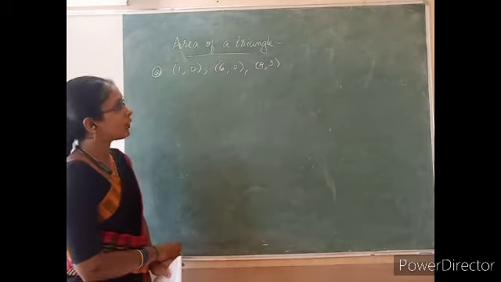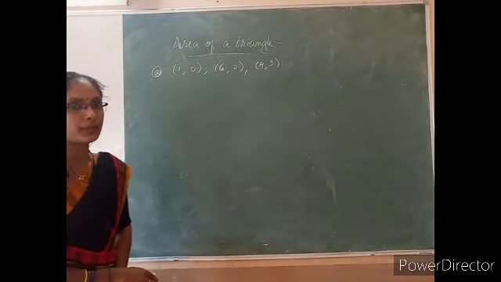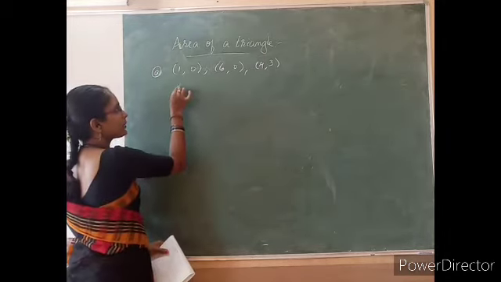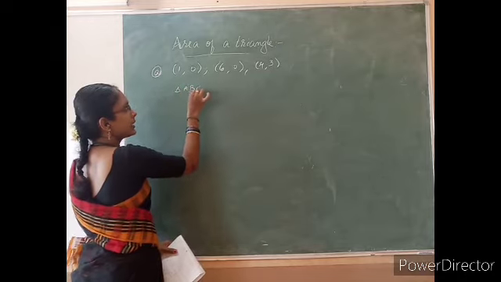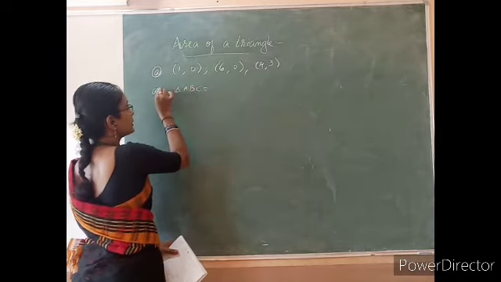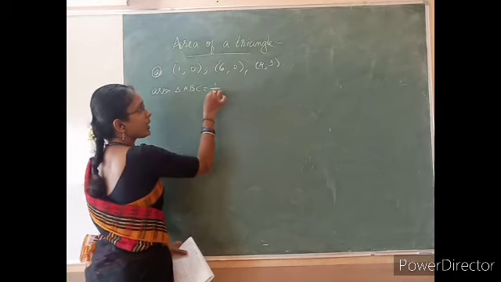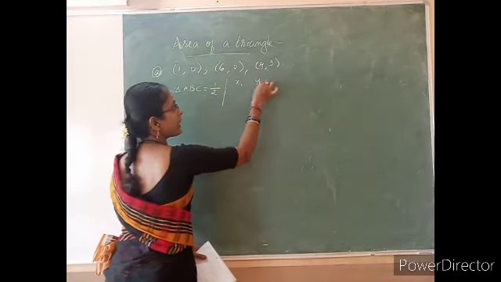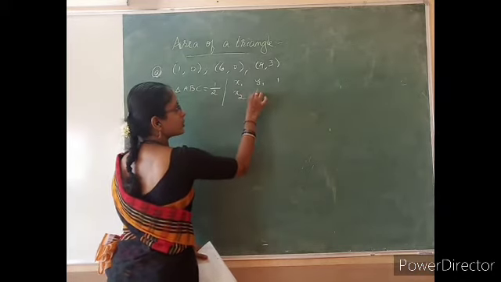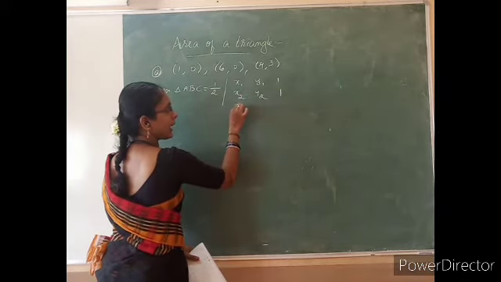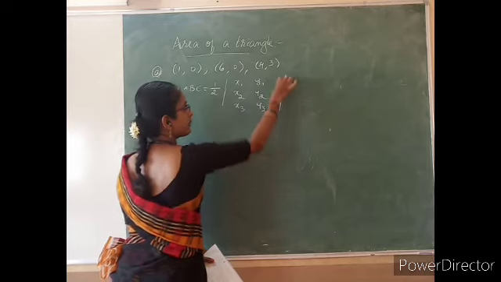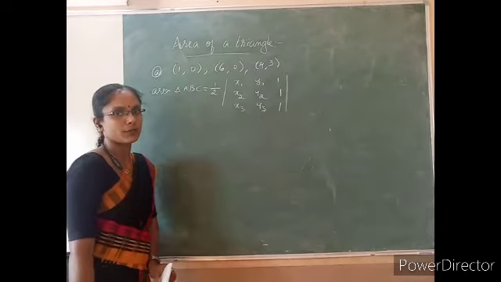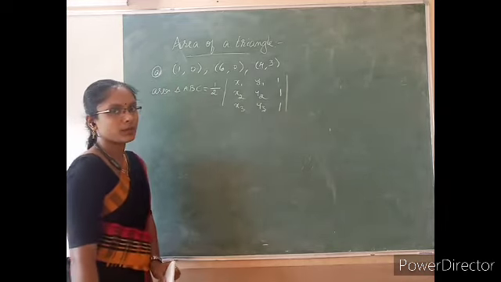You know the formula to find the area of a triangle. The area of triangle ABC is equal to 1/2 into the determinant of x1, y1, 1, x2, y2, 1, x3, y3, 1. This is the formula to find the area of the triangle.